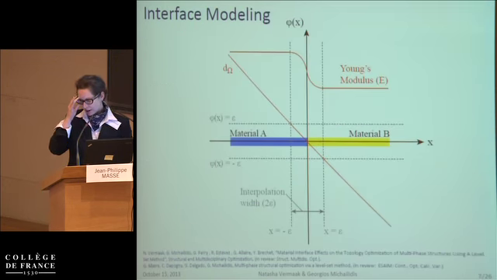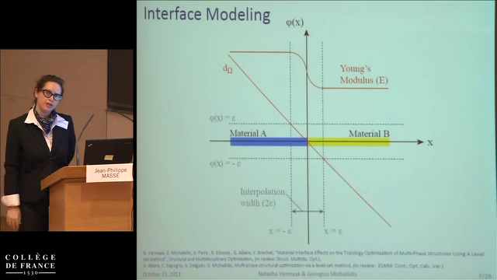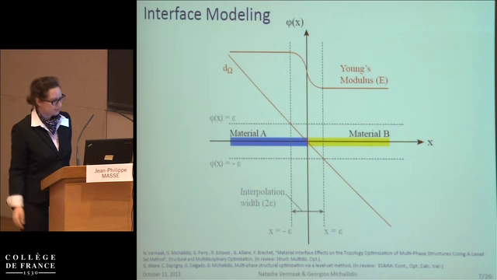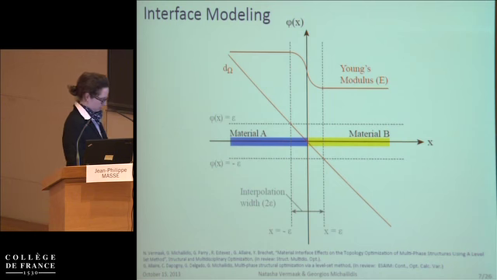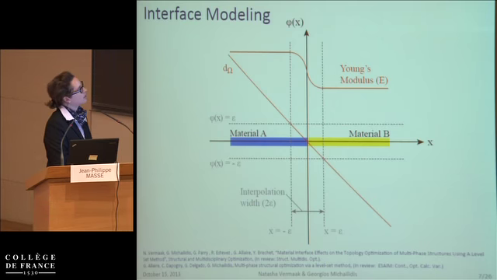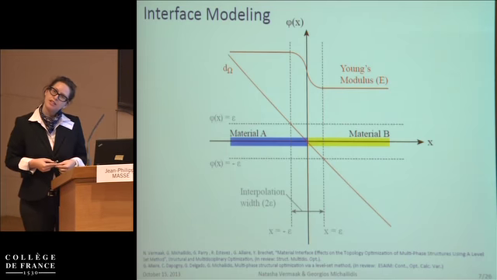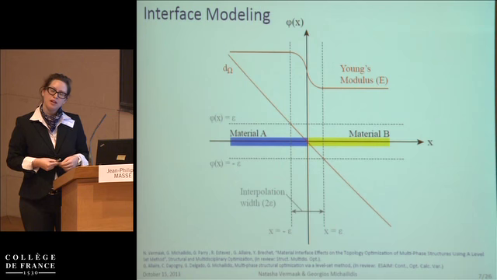When we apply this concept to the level set method, then we introduce our interface model. Between two materials, we're now going to introduce a finite zone over which we grade or smoothly transition the interface properties.